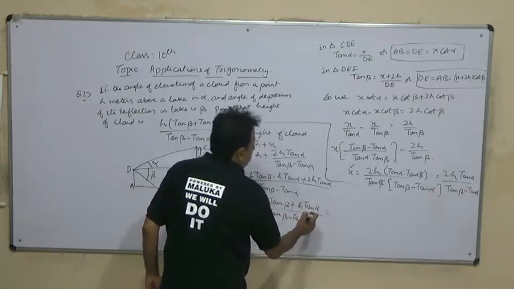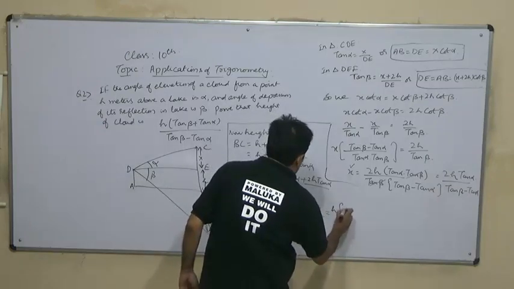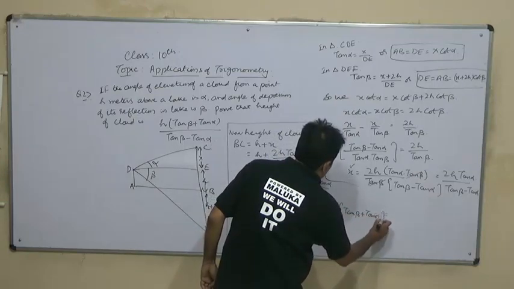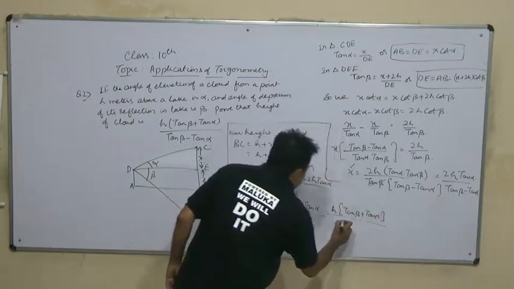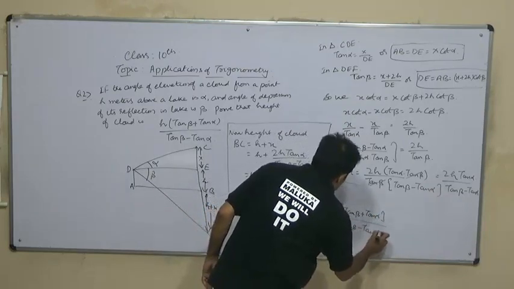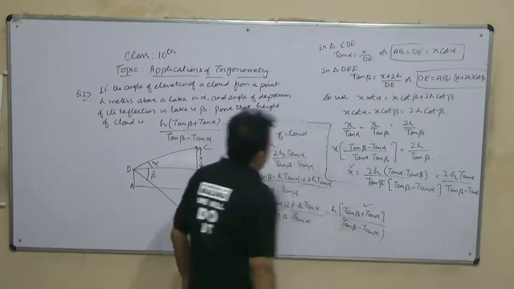So take h common from here, this will be tangent beta plus tangent alpha upon tangent beta minus tangent alpha.